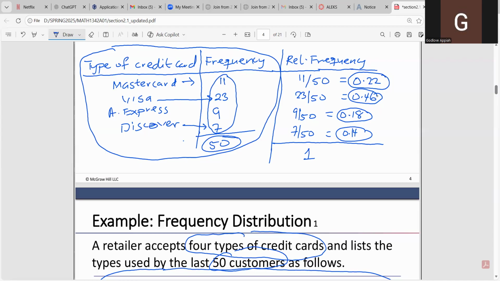Sometimes because of the approximations, you might get a value that is pretty close to 1. If for some reason you have a number that is significantly different from 1, then that simply means what you have done is wrong. So there's something wrong with your frequencies here. You have to check your frequencies. So please make sure you always check to determine whether you have the right values.